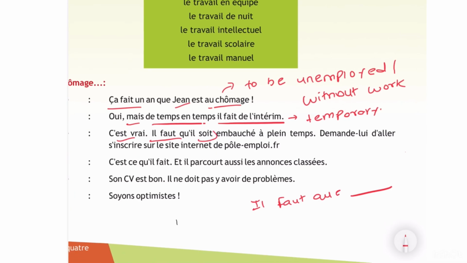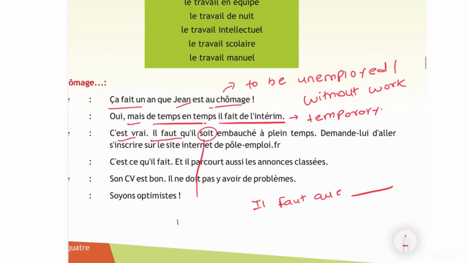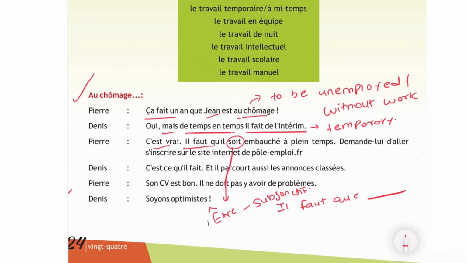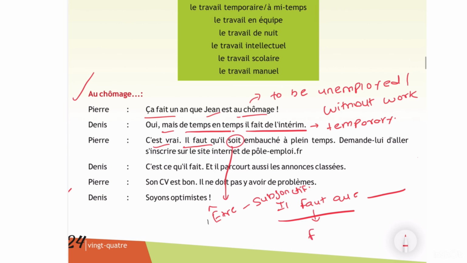Here soit is être conjugated in subjonctif, because Pierre is giving his opinion, that he thinks Jean should be hired for a permanent job. And faut is your verb falloir conjugated in the present tense. Embaucher, again a really important verb, is to be hired, to hire.